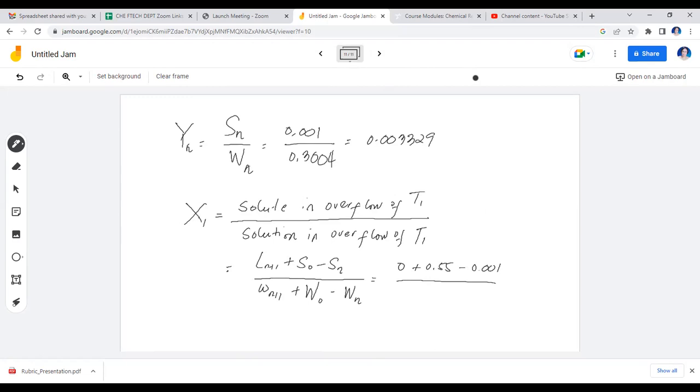And then we have 2 in here, minus 1.0 minus 0.3004. You will have an x1 value which is equal to 0.203.